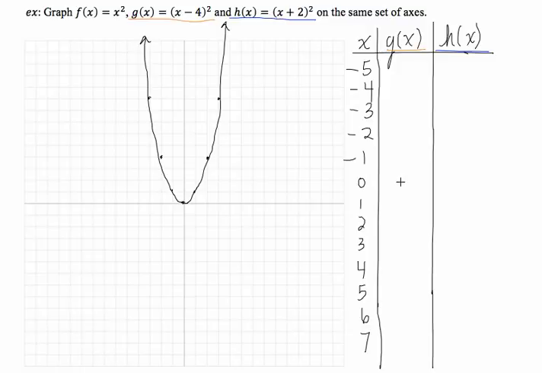Let's try 0. If I plug in 0, I get 0 minus 4, which is -4. Squared is 16. Okay, it's still off the graph, but it's at least a small enough number. Okay, so let's try 1. If I plug in 1, I'll have 1 minus 4, which is -3. -3 squared is 9. Okay, we're on the graph. So we have the point 1 comma 9.